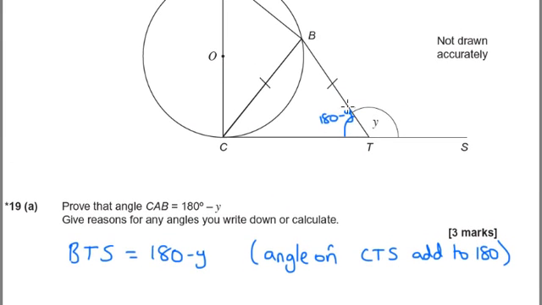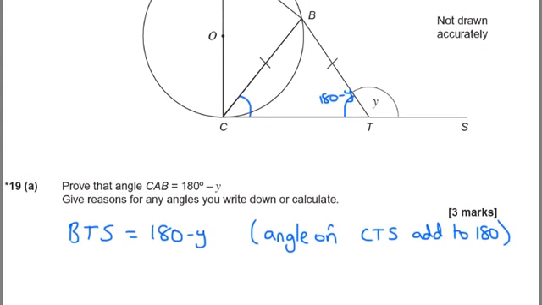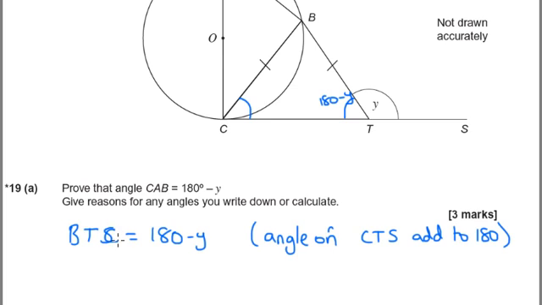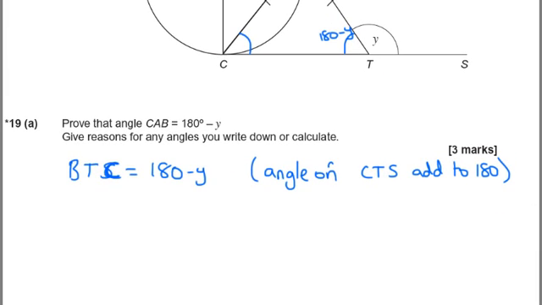So now that I know that angle, what else can I fill in? Well, I can fill in this angle, because this is an isosceles triangle. So because BTC, that should have been BTC, is 180 minus y, so is BCT.